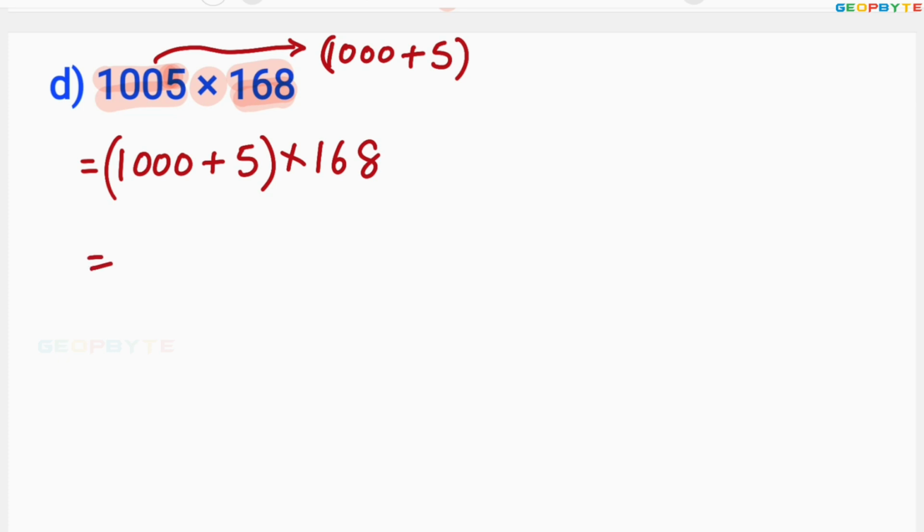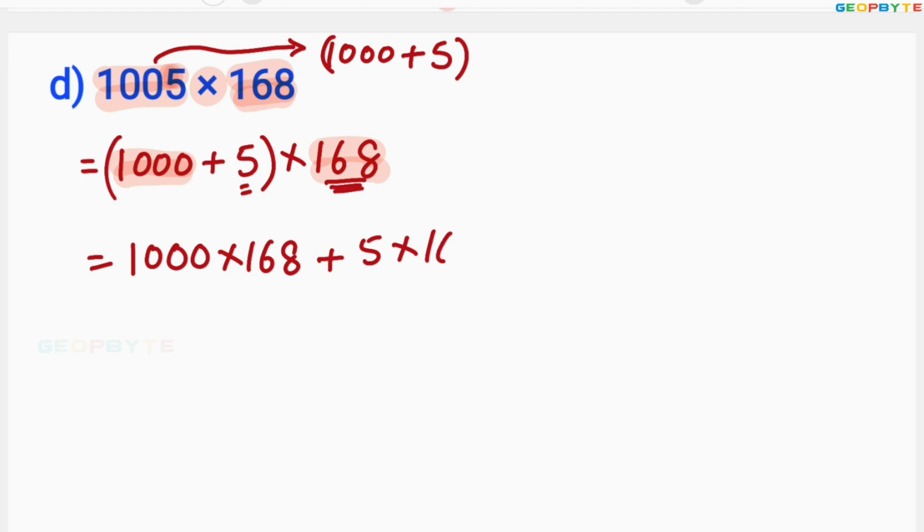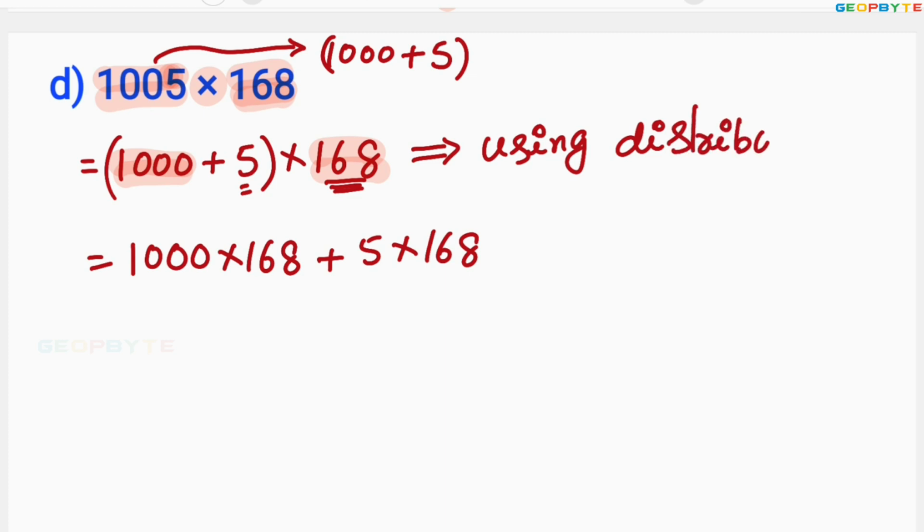So it can be written as 1000 multiplied by 168 plus 5 multiplied by 168. For this case also we are using the distributive property.